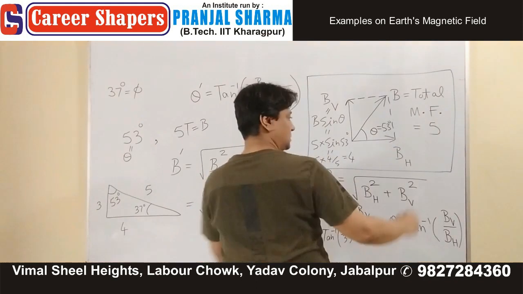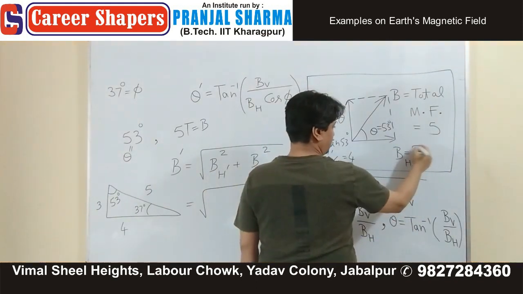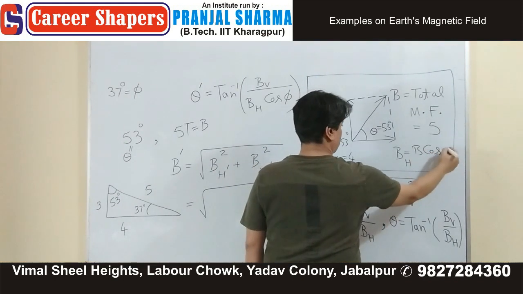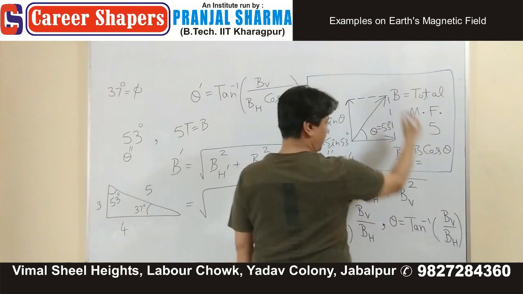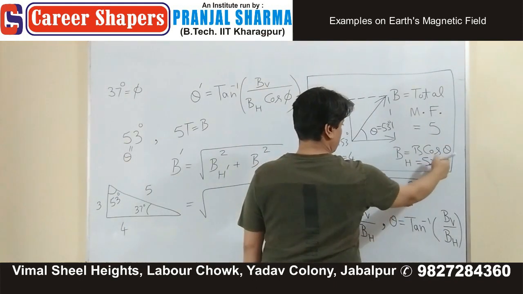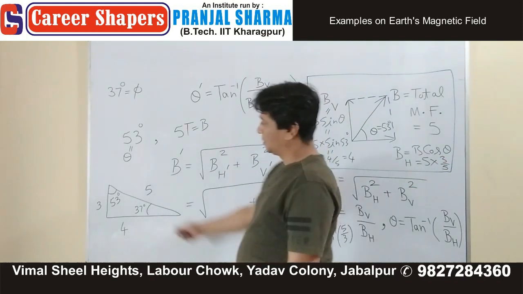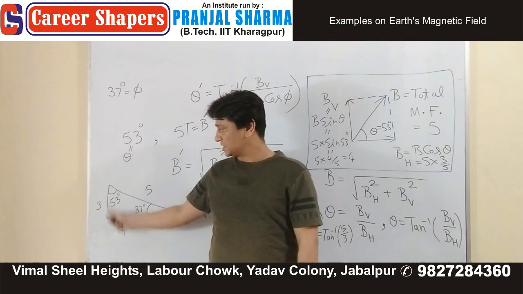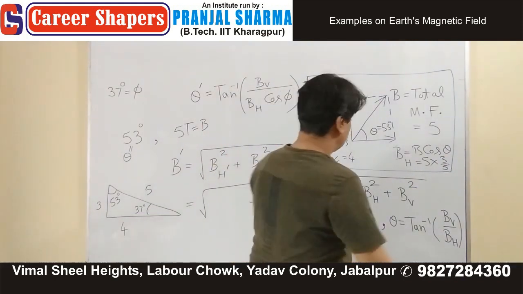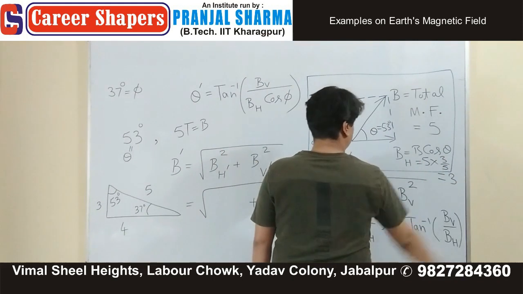BH, this is BH first of all, which is B cos theta. Let's put the values directly now. 5 cos of 53 is 3 by 5. Cos of 53, if you are finding cos of this, that's the base, 3 by 5, which is 3.